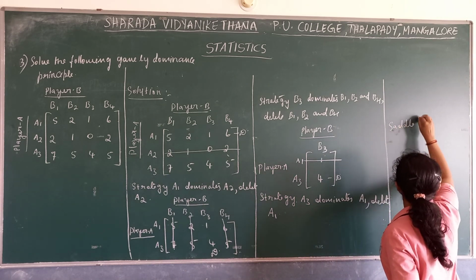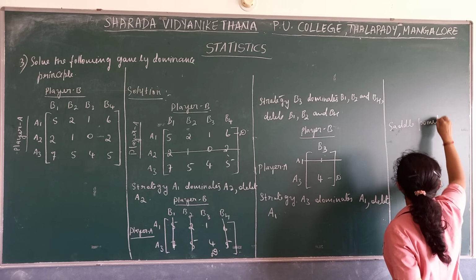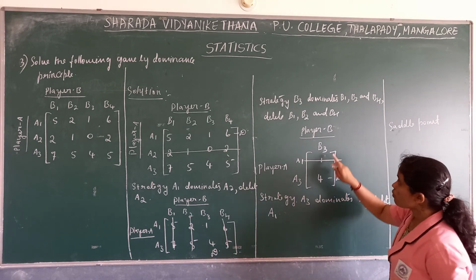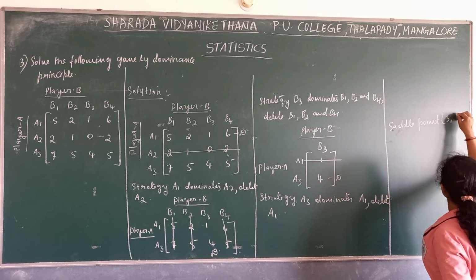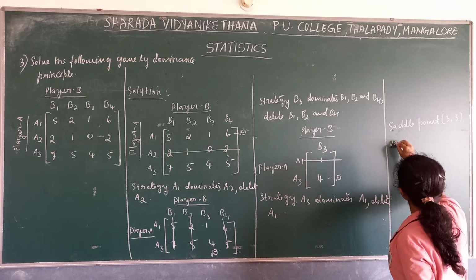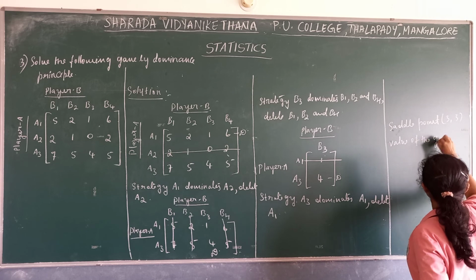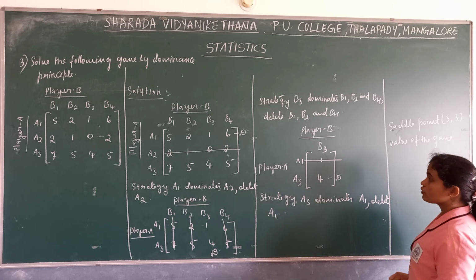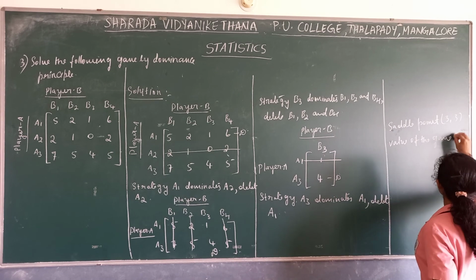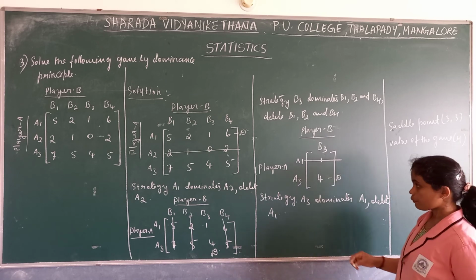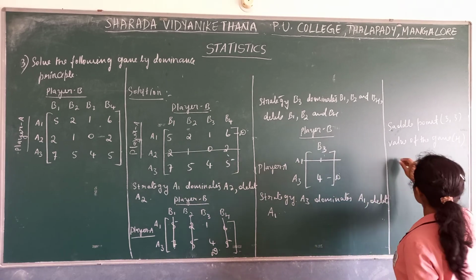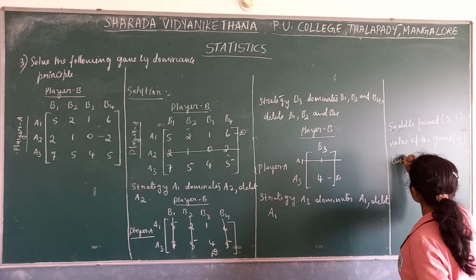For this problem, the saddle point is 3, 3. Value of the game is 4. Then comes the best strategies.